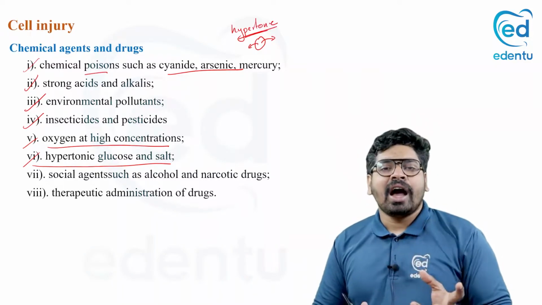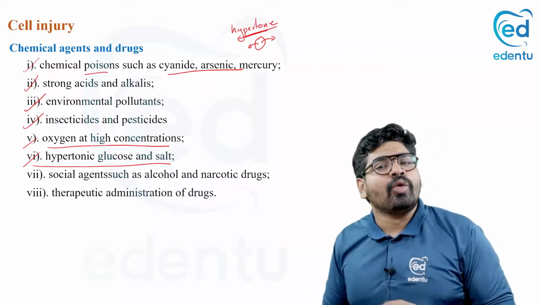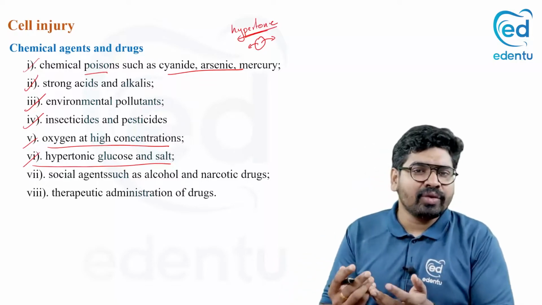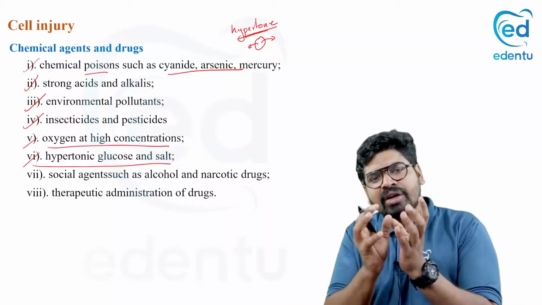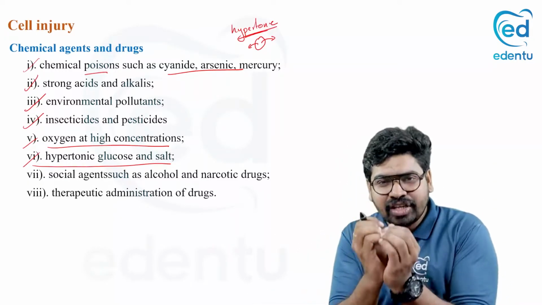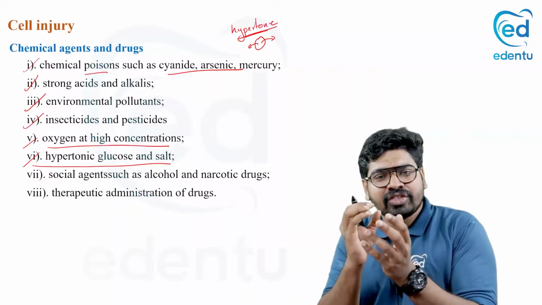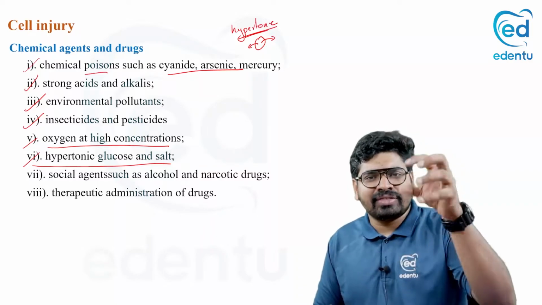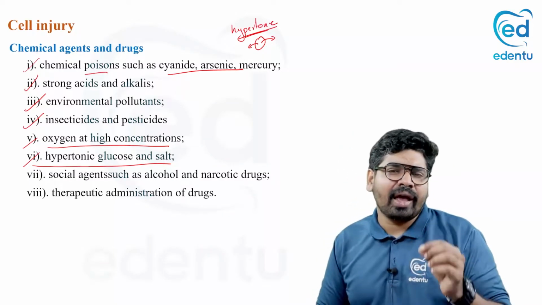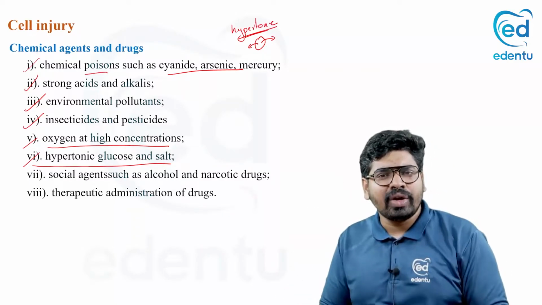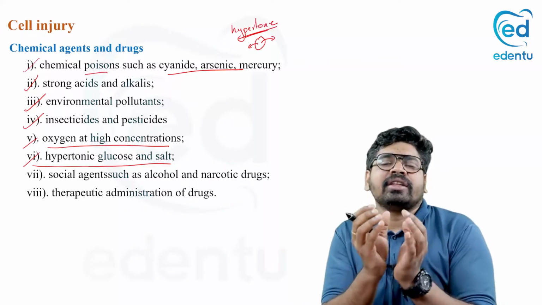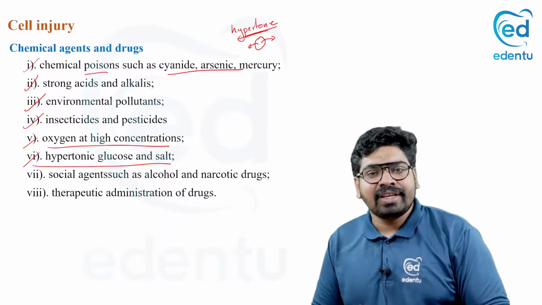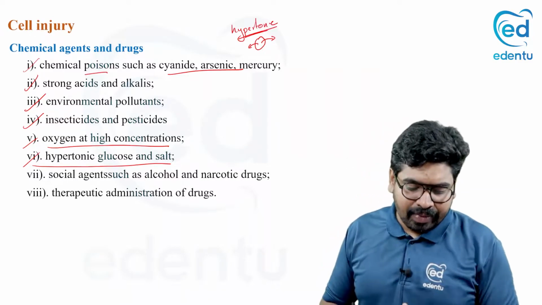Just like when you are making pickles at home, you put the mangoes inside a hypertonic solution, and the water from the mango comes out and it gets shrunken. It shrinks in size and gets rigid. Similarly, if you put a cell in a hypertonic solution, the water content will go out, and the water content in the cell is lost. Water is very much essential for the cell to survive. So that can be a reason.